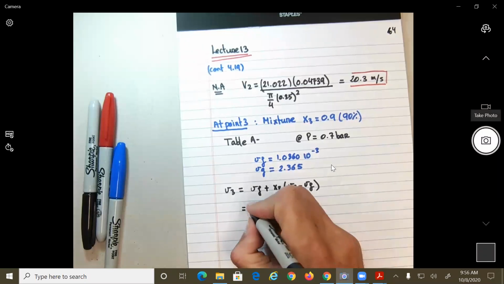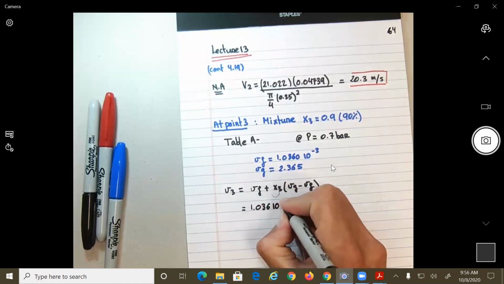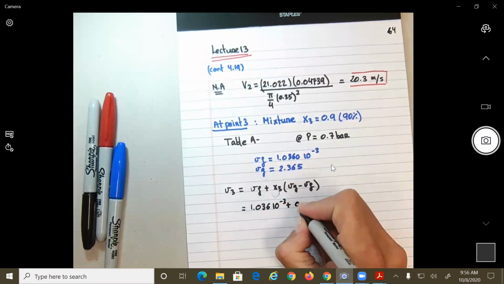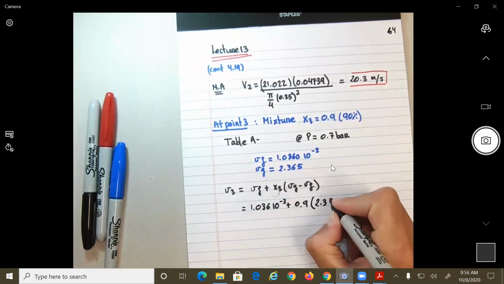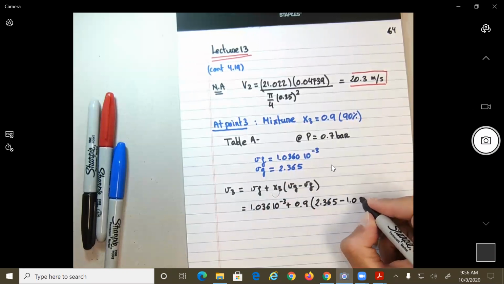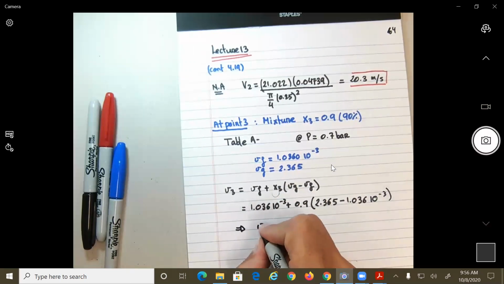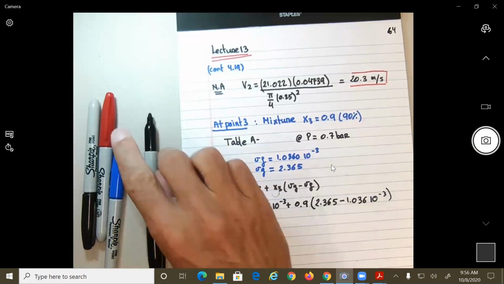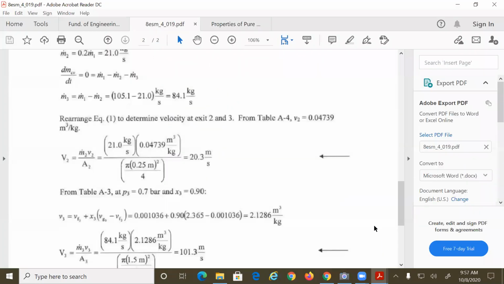This would be equal to what? 1.036 10 to the minus 3 plus 0.9 times 2.365 minus 1.036 10 to the minus 3. So if you want, go and check the value, but today I decided just to look over here at the solution, but check the values.